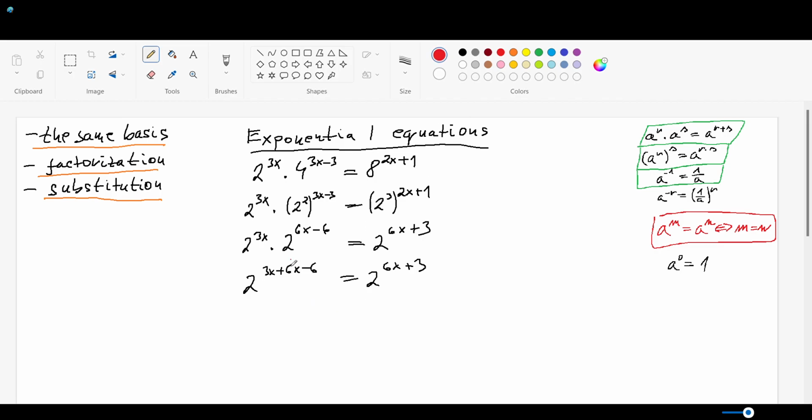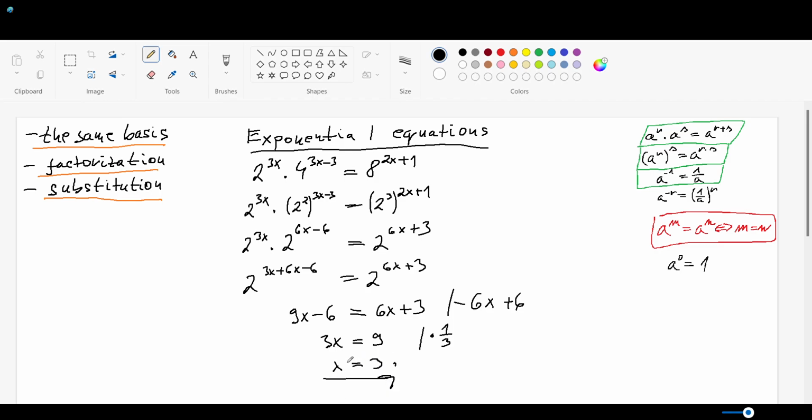If the bases are equal, then the exponents must be equal, which will lead us to a simple linear equation: 3x plus 6x is 9x, take away 6 is equal to 6x plus 3. And we rearrange our equation, take away 6x, plus 6, okay, which is going to be 3x equals 9, and this would mean we multiply both sides by 1 over 3, so x is equal to 3.